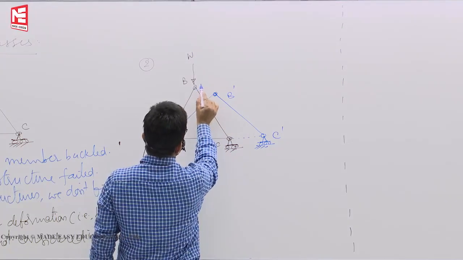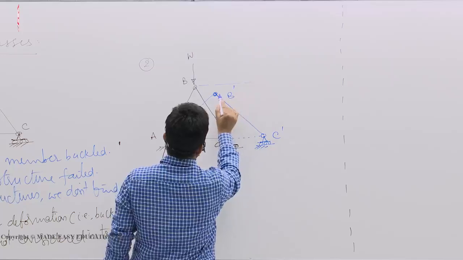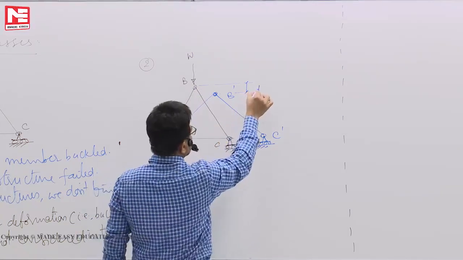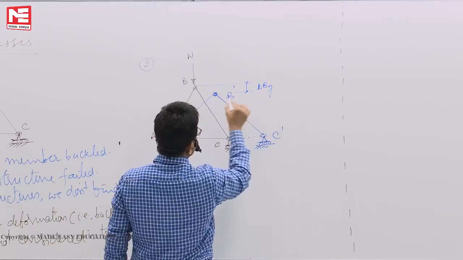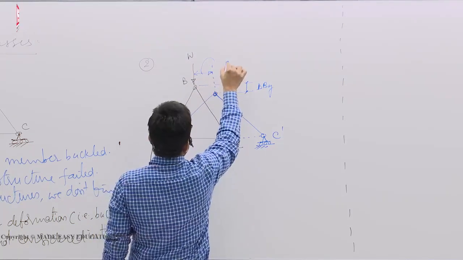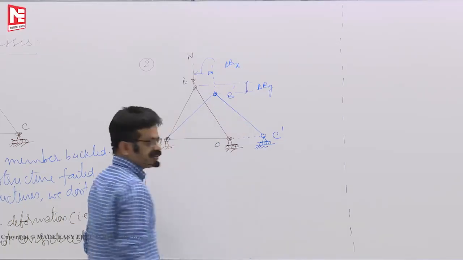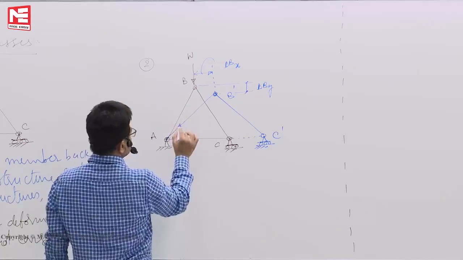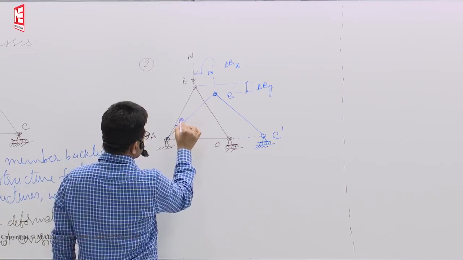In the process, from here to here, this is the displacement of B in the vertical direction, displacement of B in Y direction, and this is displacement of B in x direction, delta Bx, delta By. Now, this is the rotation.